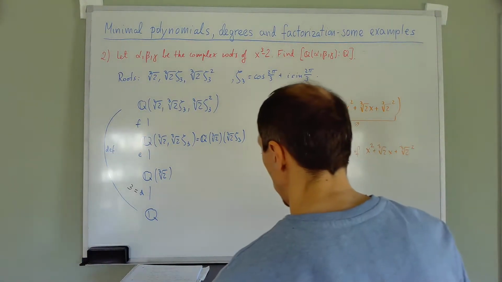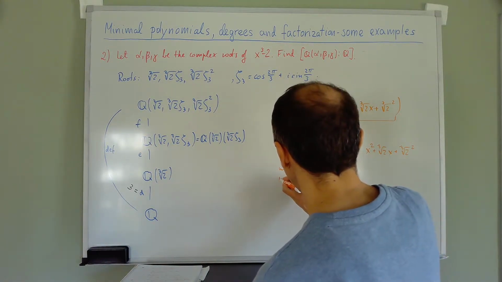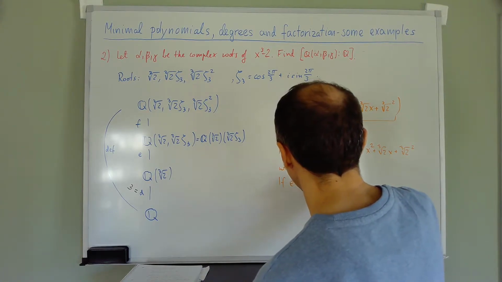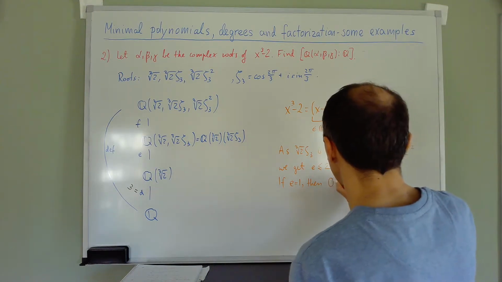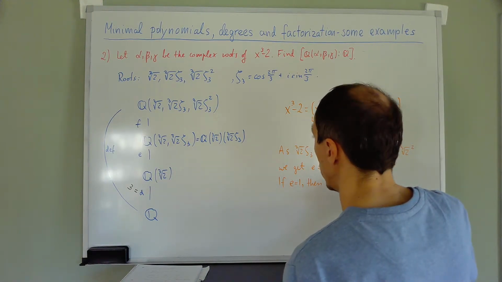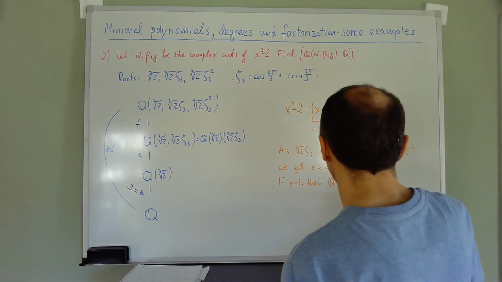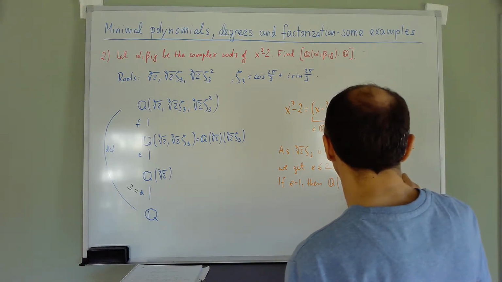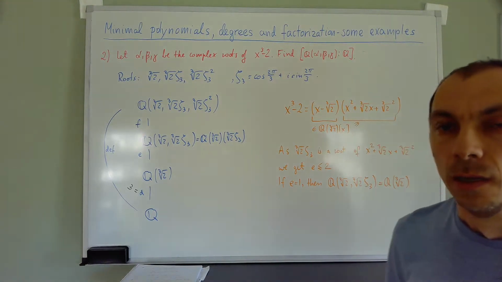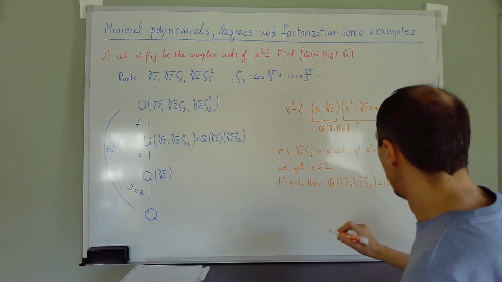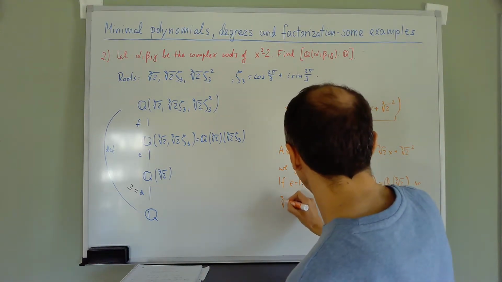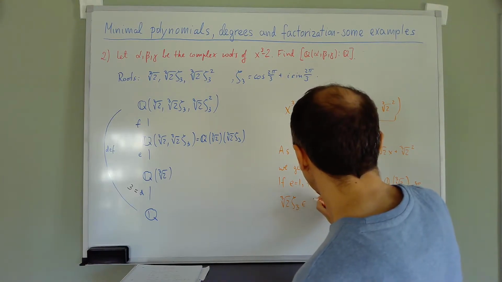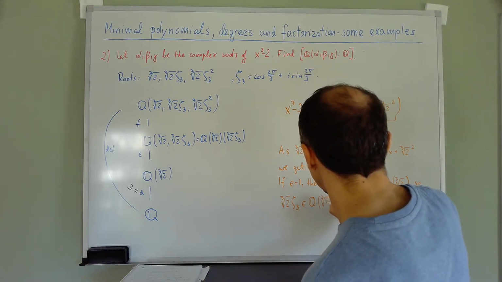So now let's answer this question. So if E were 1, then these two fields would be the same. But that would mean that cube root of 2 zeta 3 is an element of this field.